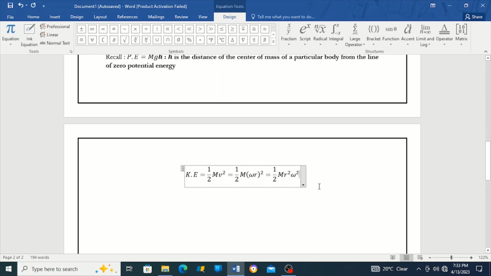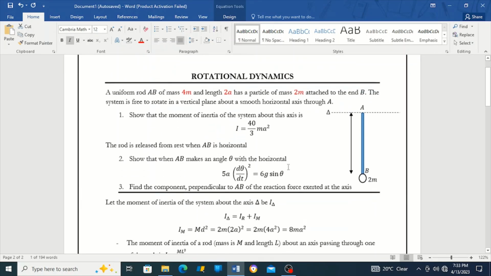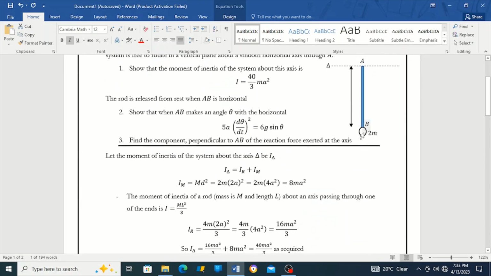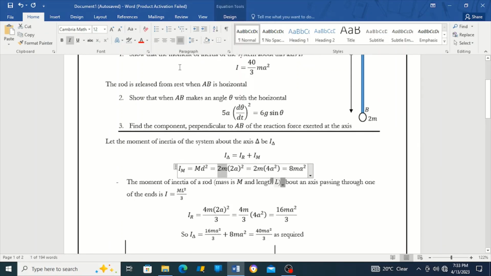But m r squared is simply the moment of inertia of the given body. When I was calculating the moment of inertia of the particle whose mass was 2m, I said it is the product of the mass with the square of the distance between the mass and the axis.